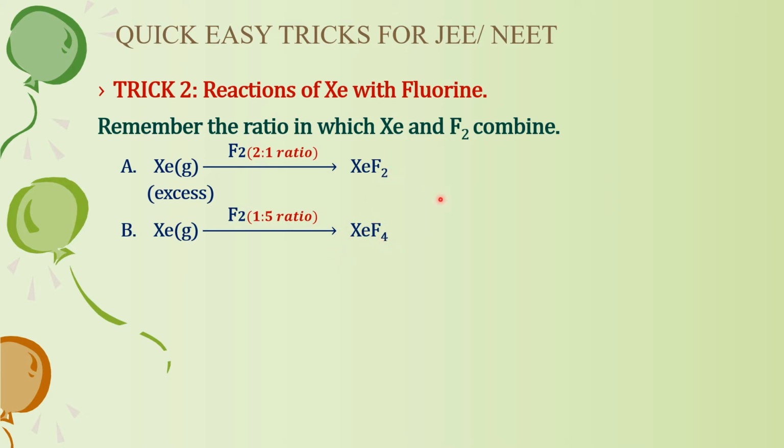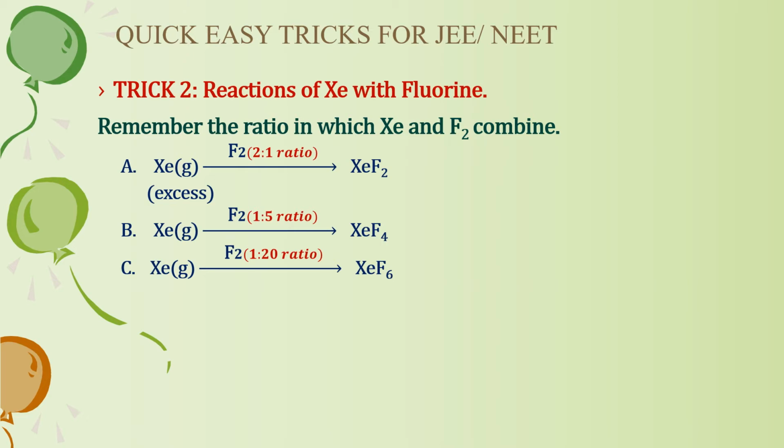It moves up from XeF2 to XeF4. And if we increase this ratio further to 1:20, the compound formed is XeF6. So when xenon is in excess, 2:1 ratio, XeF2. When fluorine is more in excess, 1:5, it becomes XeF4. And when it is 1:20, XeF6 will be formed. I hope this is clear.